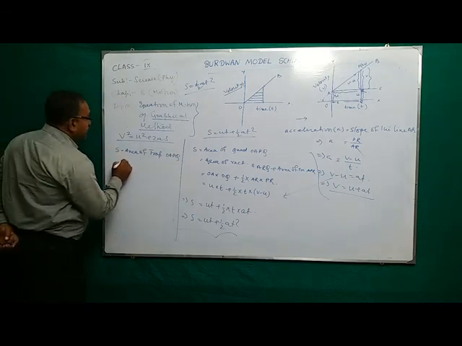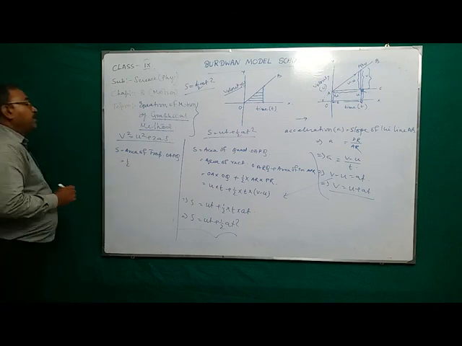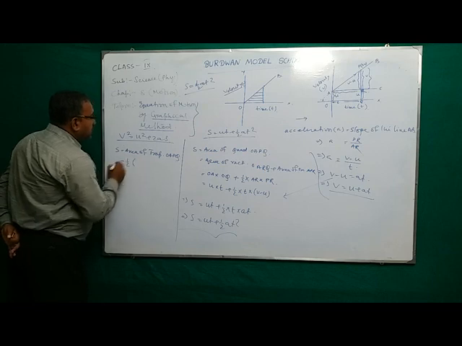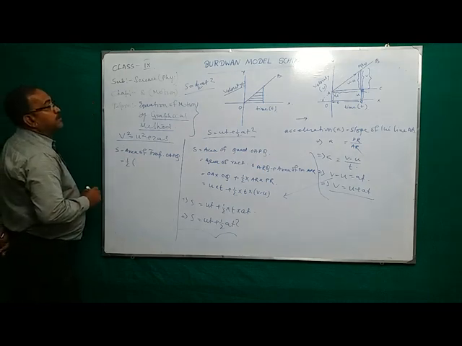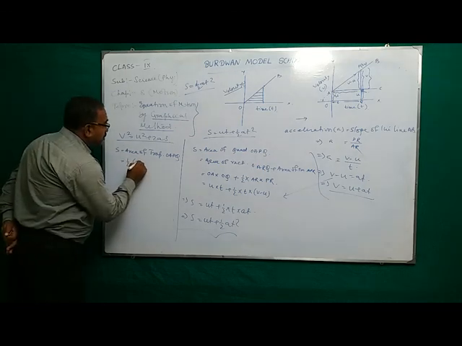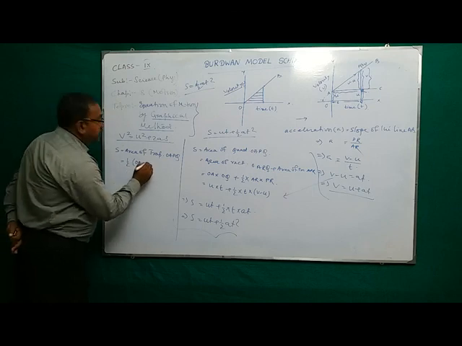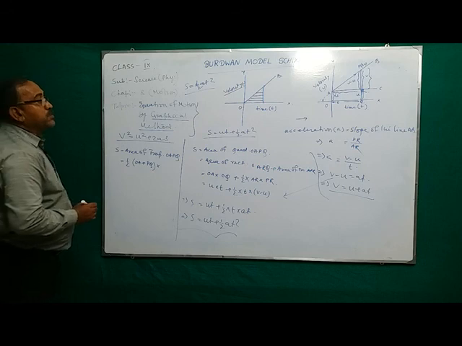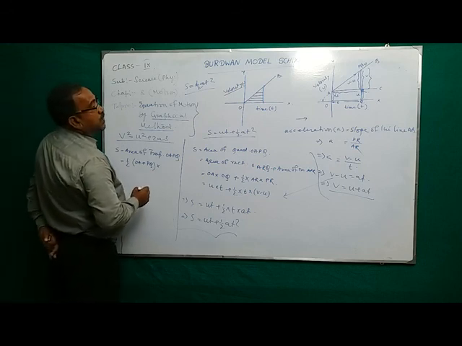What is the formula of the area of the trapezium? From your geometry you know it. Half into the sum of the parallel sides into the perpendicular distance between the two parallel sides.